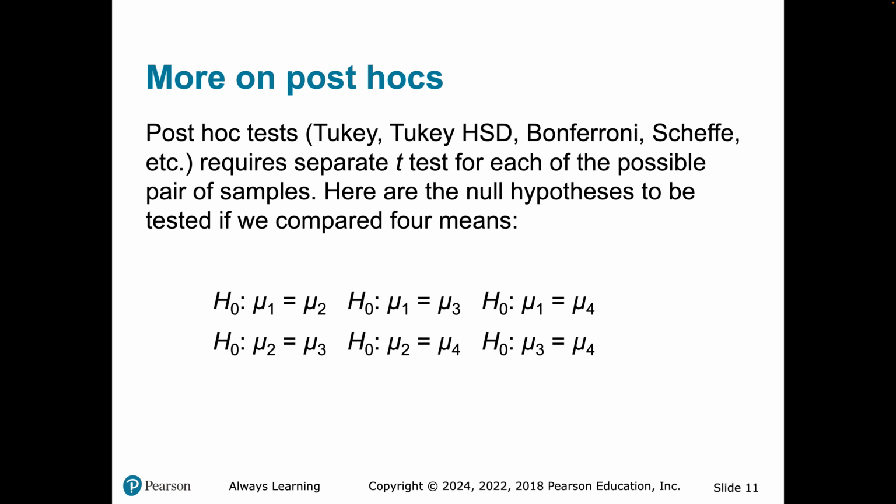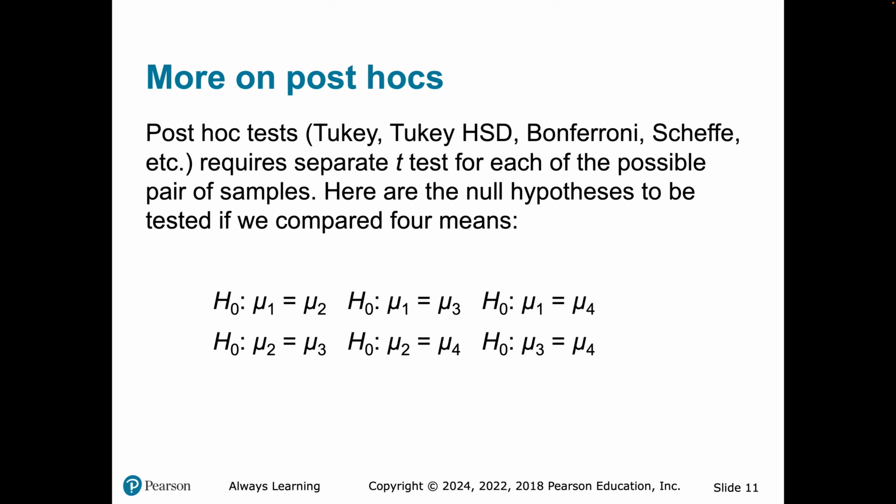So, if we're comparing mu1, mu2, mu3, and mu4, then as a post hoc, we would compare mu1 and mu2, mu1 and mu3. Again, all the pairwise comparisons for the post hoc. And again, it's important for you to kind of tattoo this to the brain: if, and only if, our test is statistically significant.